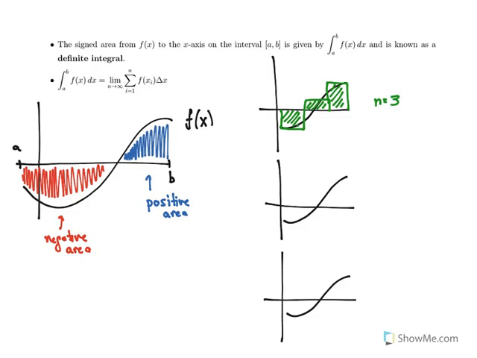But if I had more rectangles, let's draw some more here, from the x-axis to the function, in this case, I drew 10 rectangles. That is going to be a better estimate of the area. And let's draw even more here. This time my rectangles are going to be very, very skinny. It's just going to be the width of the pencil that I'm drawing with here.